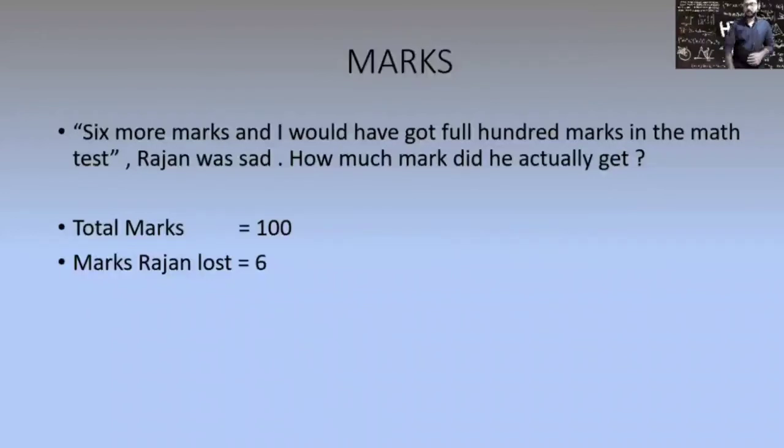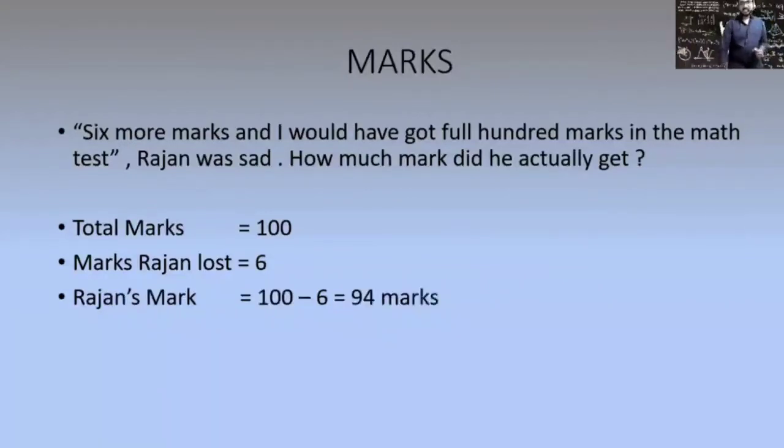Clear? Very good. So in order to find how much mark he actually got, we have to change this 6 marks, which is a positive number, to a negative number. That is, Rajan's mark will be 100 minus 6, which is equal to 94 marks.